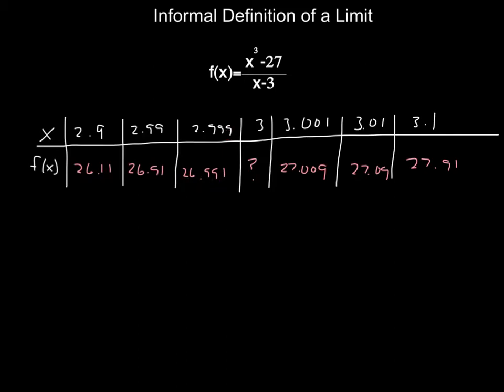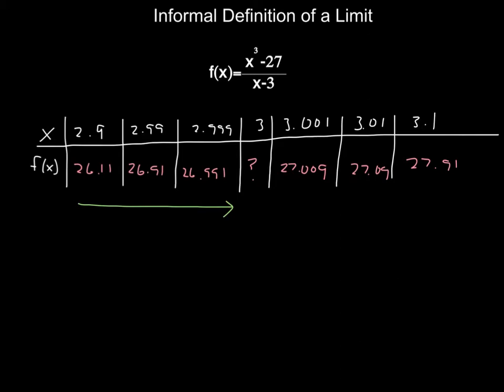As we move in this direction, our function values seem to be approaching a specific value. We had 26.11, then we only went up a small amount, and then an even smaller amount from this point forward. If you used something even closer to 3, you'd still see it going up, but at an even smaller rate.